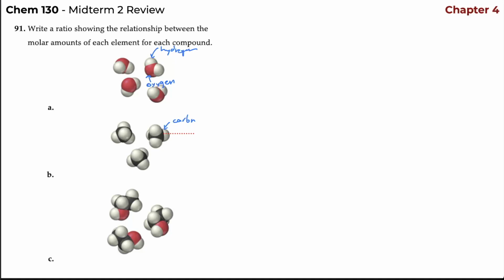Now what we're going to do is just look at the numbers. It's this easy. It's two hydrogen to one oxygen, because for each one there's two hydrogen and one oxygen. This one you could tell: four hydrogen to one carbon.